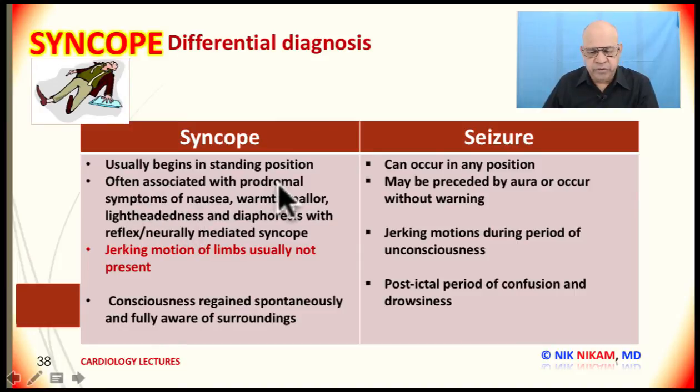Often, syncope is associated with prodromal symptoms of nausea, warmth, pallor, lightheadedness, diaphoresis, and seizures usually have jerky motions during periods of unconsciousness. Consciousness is regained spontaneously and the patient is fully aware of the surroundings. In the post-ictal period, patients with seizure have confusion and drowsiness.